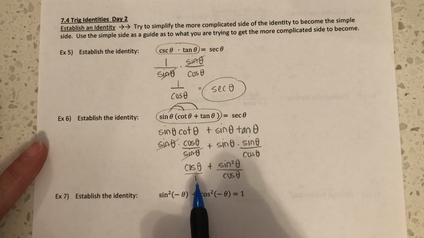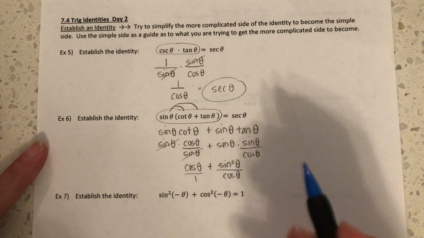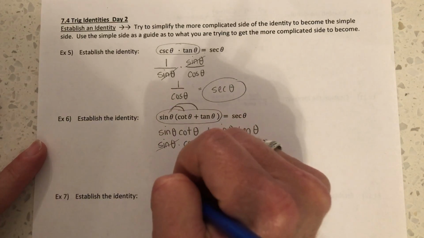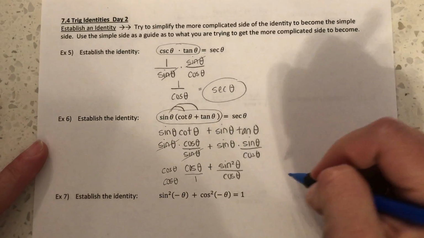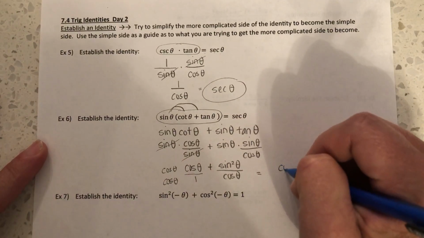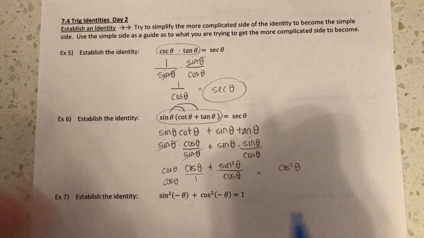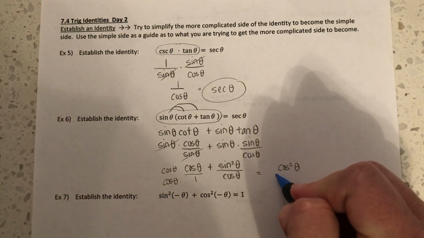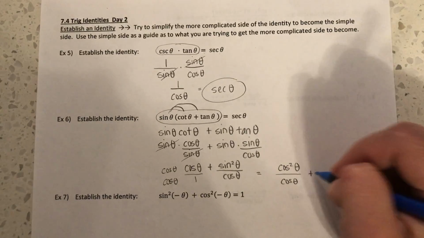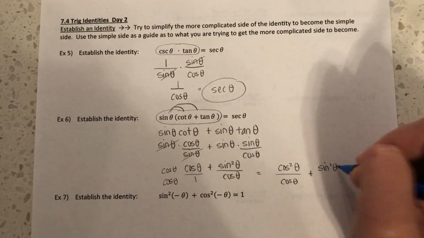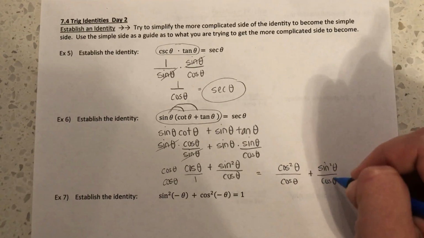What's the common denominator between 1 and cosine theta? Cosine theta. So I'm going to multiply top and bottom by cosine theta, and I'm going to get cosine squared theta over cosine theta, and now I can add it with my sine squared theta over cosine theta.